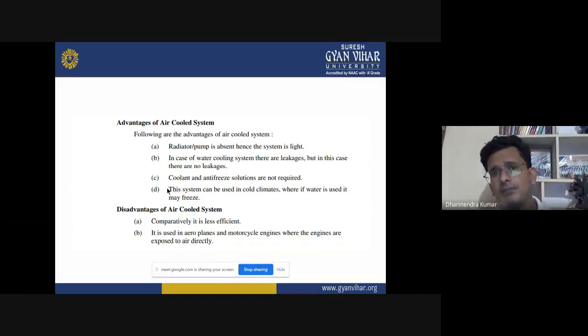Normally, the design of the fins is so calculated that the maximum area of the fins is exposed to the air, which is coming from the surroundings or from the upward direction. It means overall cooling is done by air.